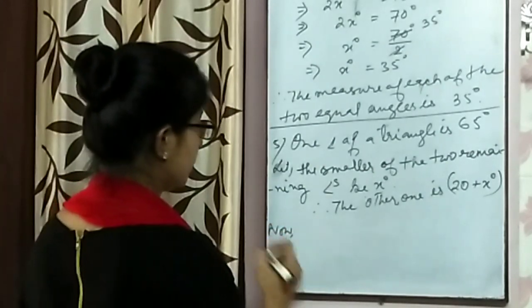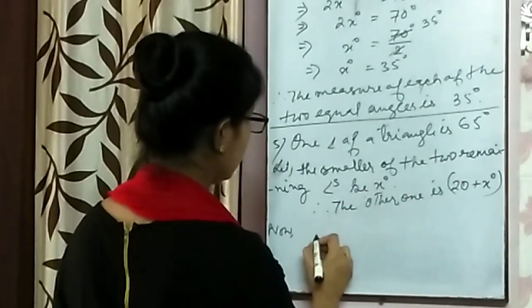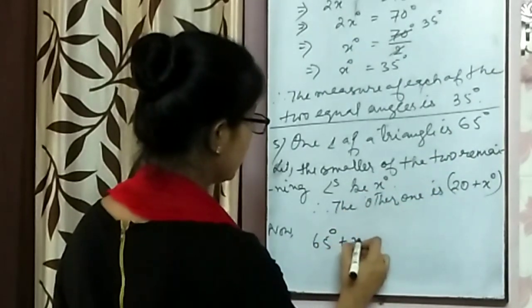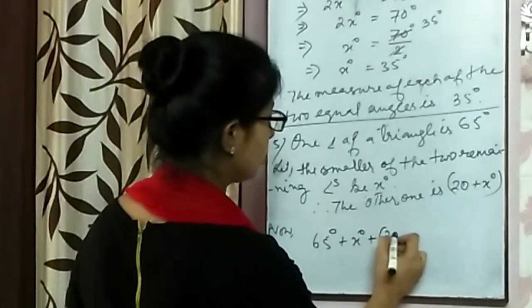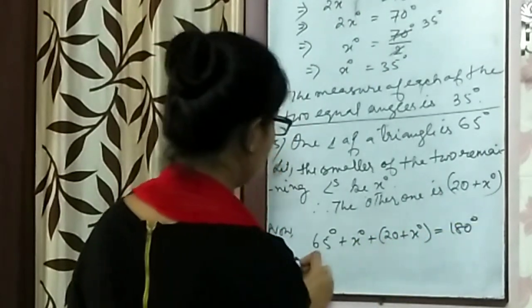Now all the three angles have to be added. 65 degrees plus x degrees plus 20 plus x degrees is equal to 180 degrees.